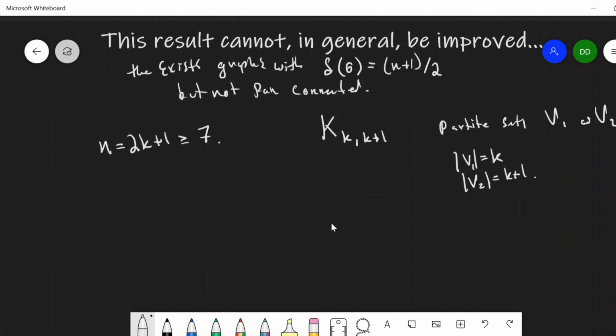So we'll start there, and I'm going to do k equal to 3, the smallest value this works for, but you can generalize.